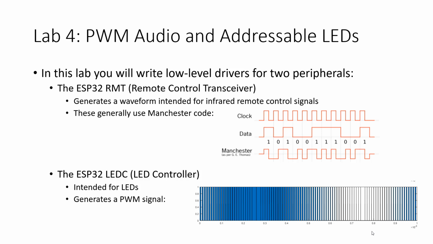So the objective of this lab is to use pulse width modulation, which we talked about earlier in the semester, to be able to play audio through a speaker on the board. And at the same time, we want to be able to control individually addressable LEDs that are on the board. So you might have noticed that on those boards, there's a 10 by 10 grid of LEDs.